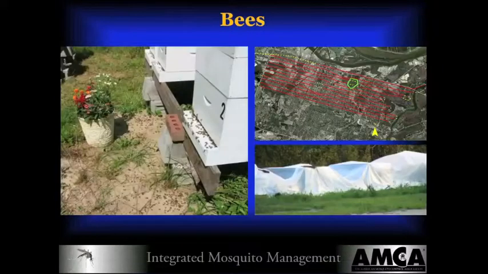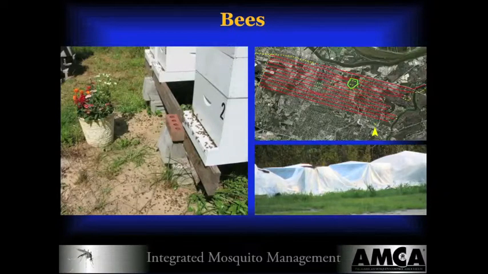Bees. And here I'm talking about bees and non-target organisms. We do not want to kill non-target organisms. We're out there to reduce populations of mosquitoes. So it's important that you maintain an ongoing liaison with beekeepers.